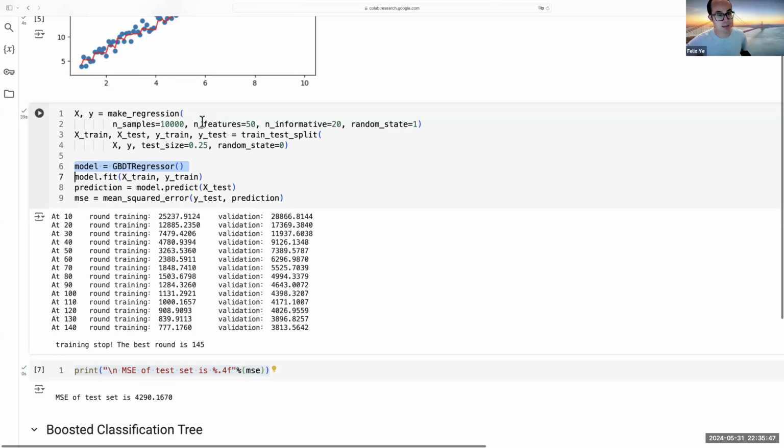For this data, which is much more complicated, we have 10,000 data samples and 50 features. We have more data and more complications, and we stop at almost round 145. We test with the testing errors, and you can see this test error is quite close to the validation error, so we are very satisfied with that.